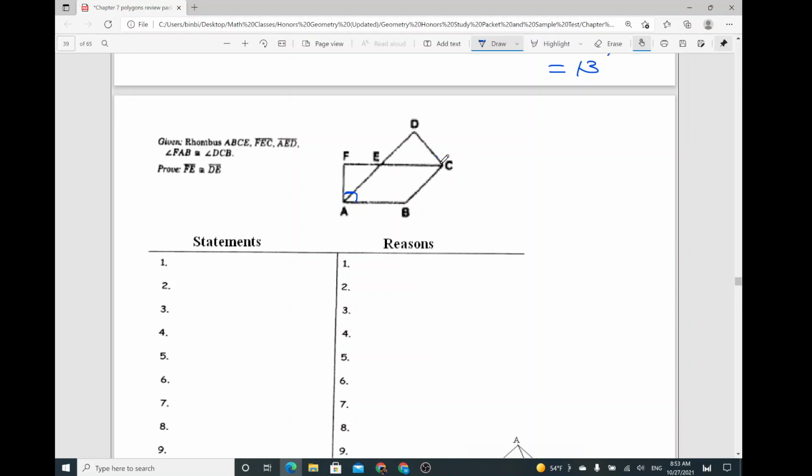It looks like this one is kind of perpendicular, but anyway, just put it this way first. So you want to prove that segment FE is congruent to segment DE. We want to show that these two segments are congruent to each other.